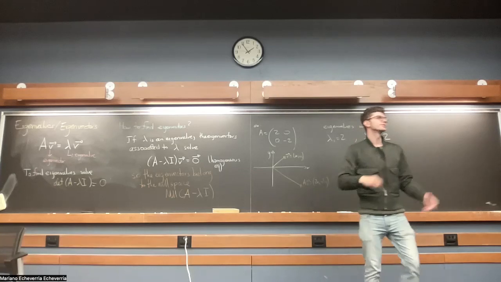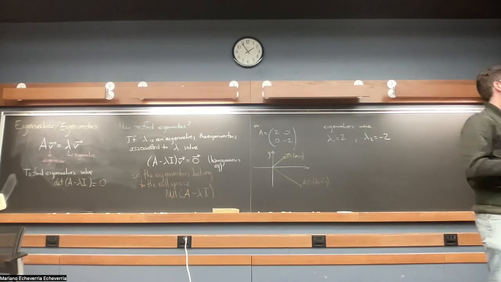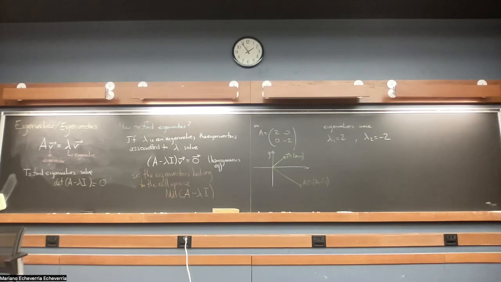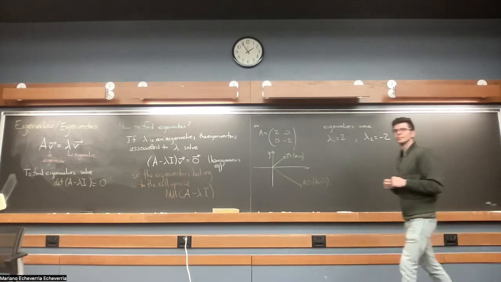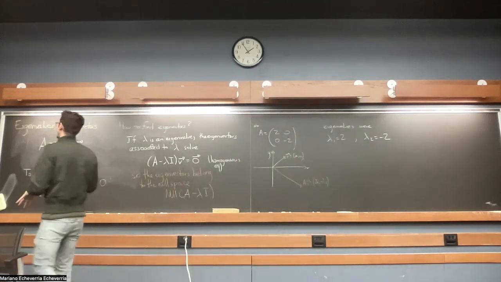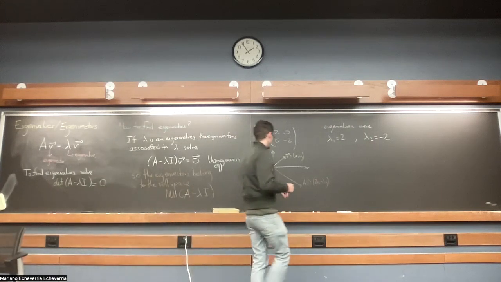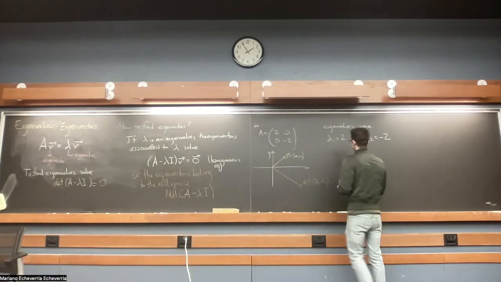Okay. So you just have to call one the first eigenvalue and the other the second eigenvalue. It doesn't matter in which order you call them. Here I'm just following the order along the diagonal, so one is called lambda 1 and the other is called lambda 2. And for each of these eigenvalues, we can find the corresponding eigenvectors. So let's start with the eigenvectors for lambda 1.